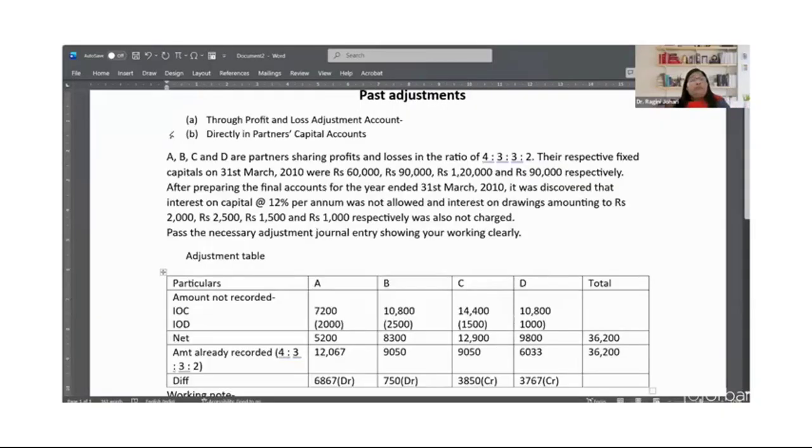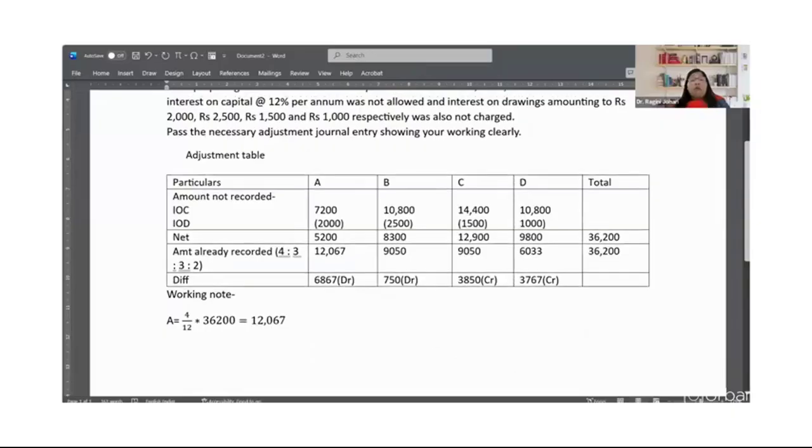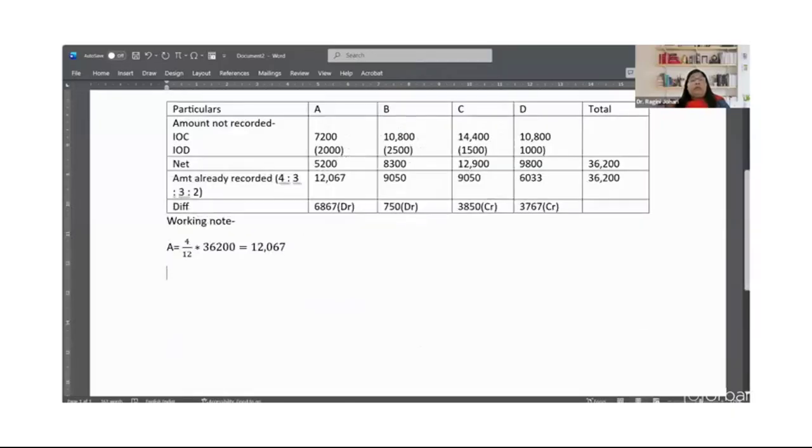Now the first method, that is using the profit and loss adjustment account. So how do we do this? First of all, the excess amount which A and B have goes to the P&L adjustment account. I'll write first method and second method.